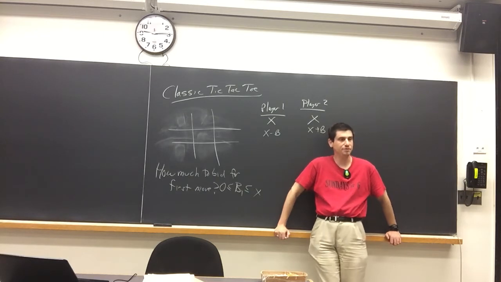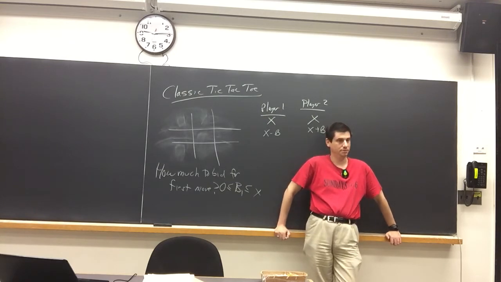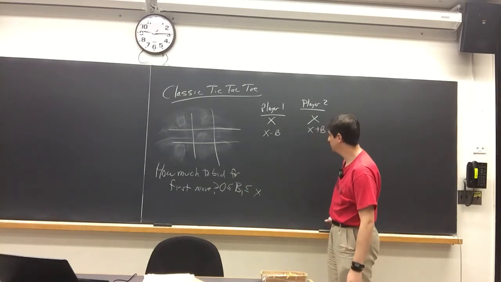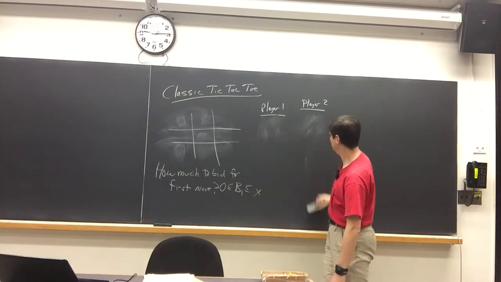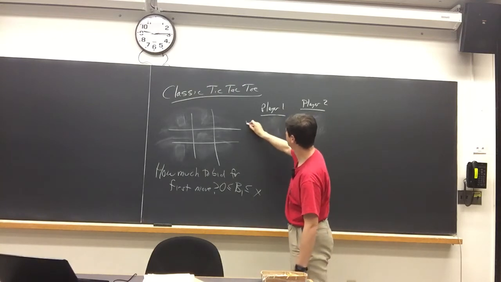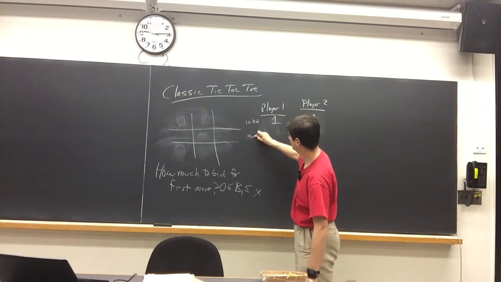Okay, so if we're going to have B being a fraction of X, then it might make sense to just set X to be 1. And in the next move, it's going to be a little bit harder, but... So let's set both values initially to be 1 for each, and then move 1.